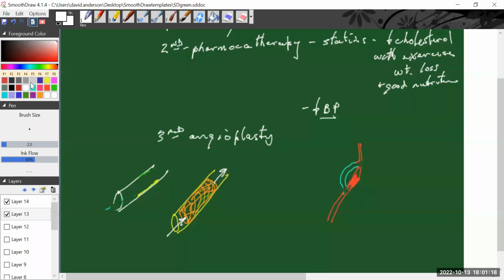So now the blood flow is allowed to travel down and pass the area where the blockage has occurred. When you hear about somebody who's had a double bypass or a quadruple bypass, this is what they're talking about.